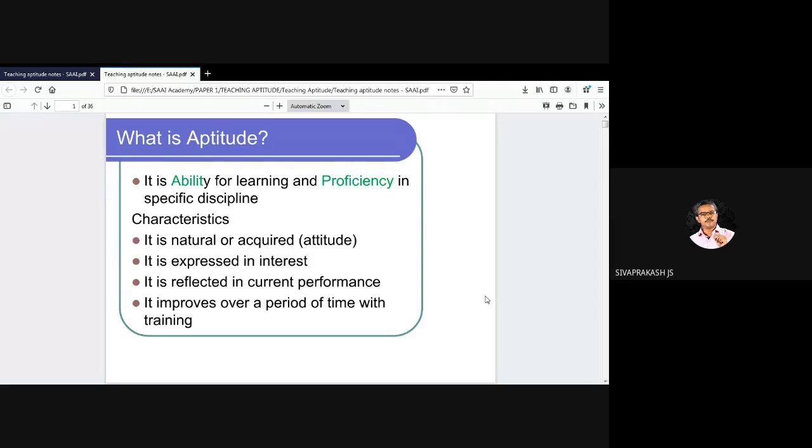Based on that, you need to build up your research topic. That's what I used to say. So the aptitude is expressed based on the individual's interest. The third checklist is that the aptitude is reflected in the current performance.